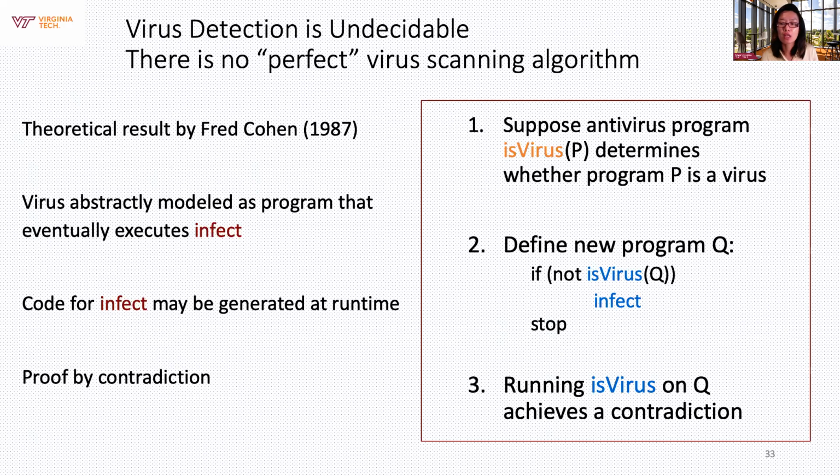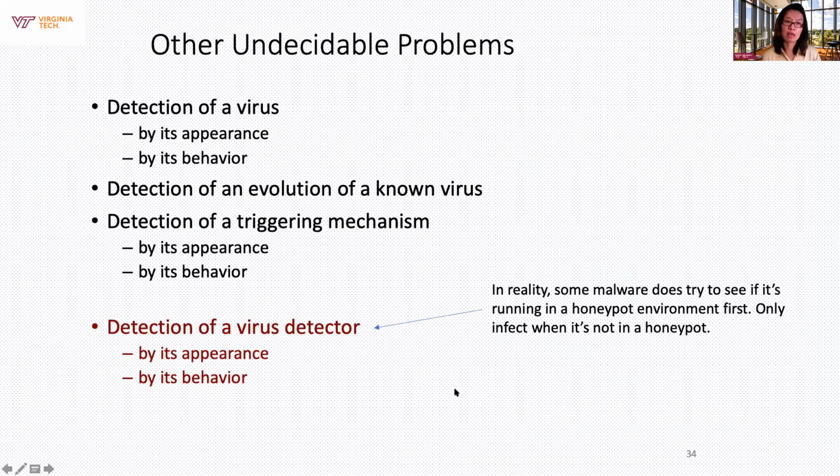The undecidability, and this again is the proof by contradiction, where he showed that the virus would always be able to change its behavior, and then contradicts what the antivirus program decides. Based on that, he also drew several other conclusions.